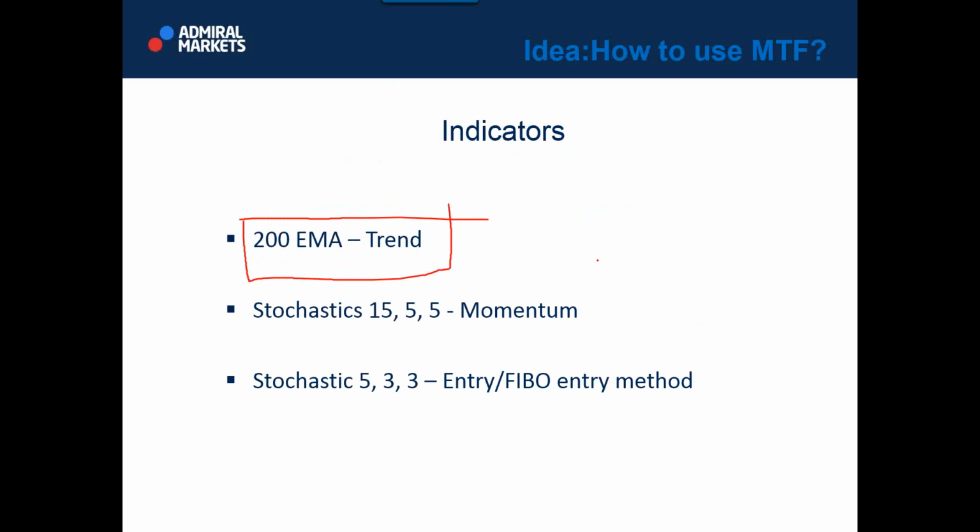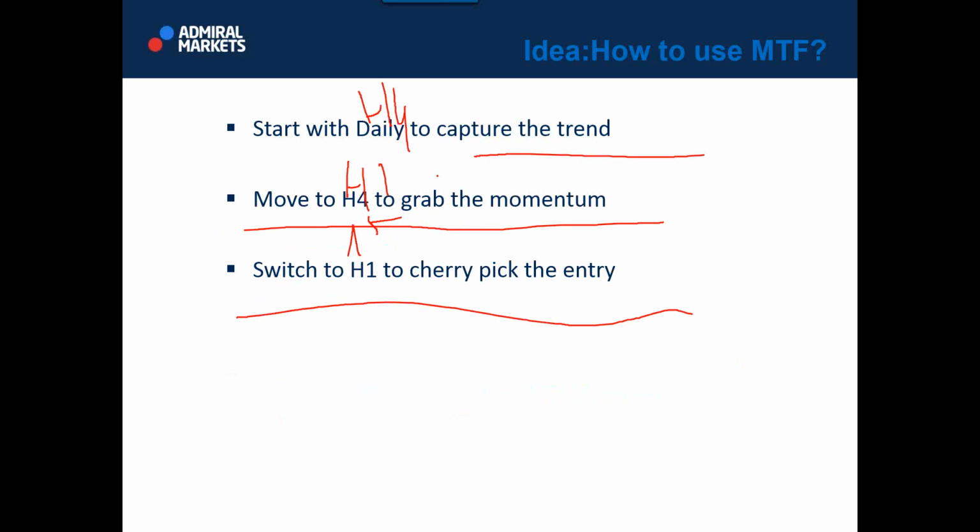I will show you two examples which are different in showing you entries from using stochastics and using Fibonacci. The principle is the same. You need to align trend and momentum in the sequence. Sequence is either daily, 4 hour, 1 hour, or 4 hour, 1 hour, 15 minutes. That is the sequence. Okay?